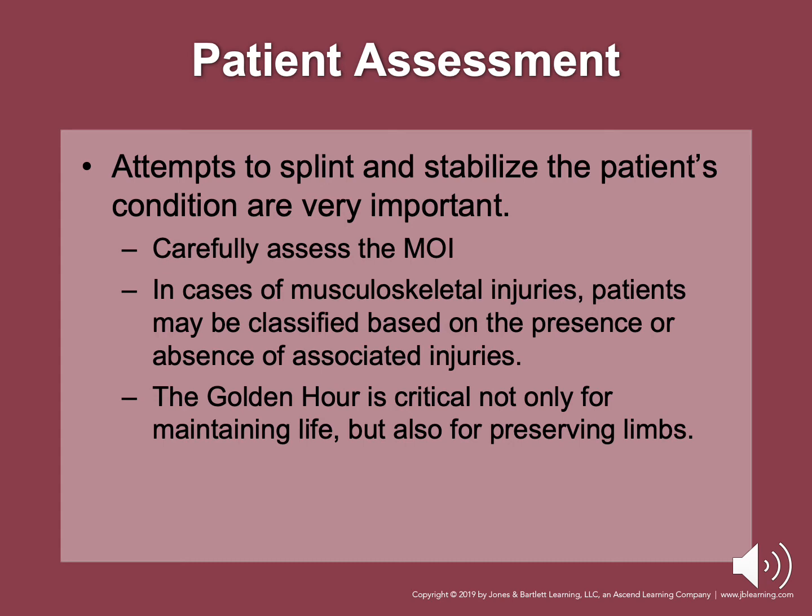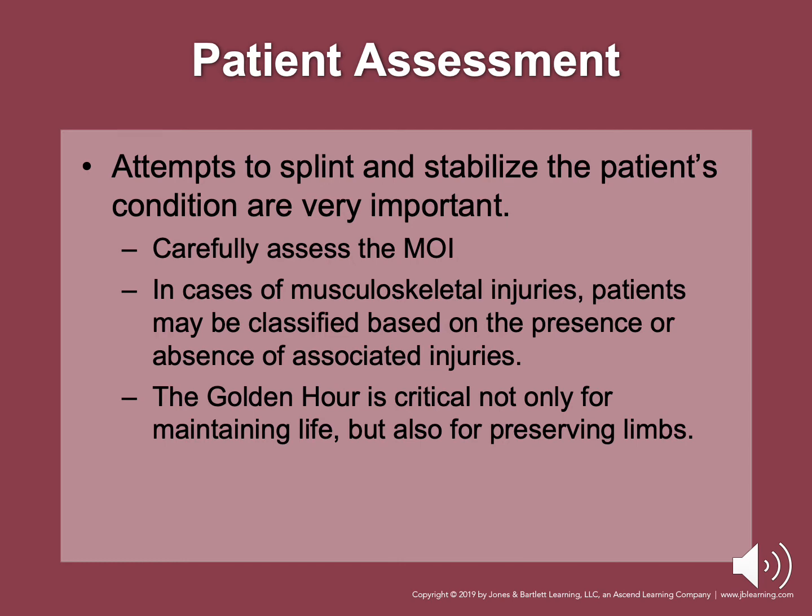Patients may be classified based on the presence or absence of associated injuries: life or limb-threatening injuries, life-threatening injuries with simple musculoskeletal injuries, life or limb-threatening musculoskeletal trauma with no other life-threatening injuries, or isolated non-life-threatening or non-limb-threatening injuries.